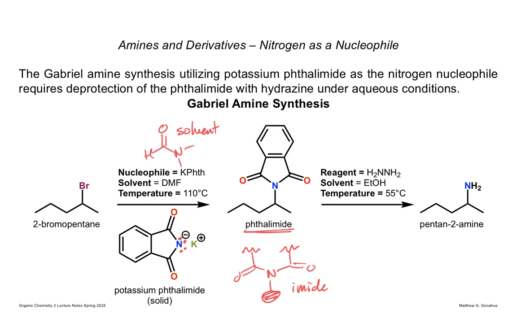So the phthalimide is then deprotected with that. So that's called hydrazine. You can think of it as like diammonia maybe. So hydrazine in ethanol removes the imide part, giving you your primary amine.